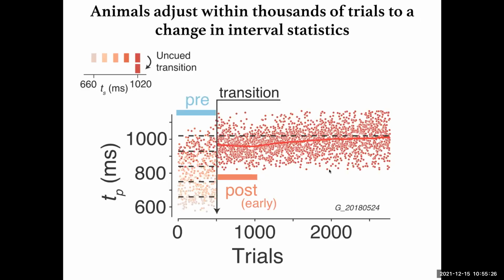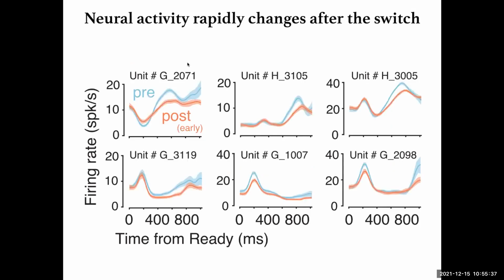Now, because those changes in fact occur within a single recording session, we can compare the neural activity before and after we make the transition. So here are again 6 example neurons, where on the x-axis is again the time aligned to the ready flash, and on the y-axis is the firing rate. And now the color code is blue for pre-transition and orange for post-transition.